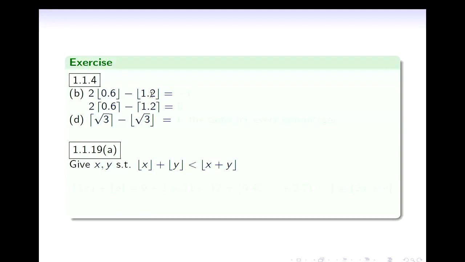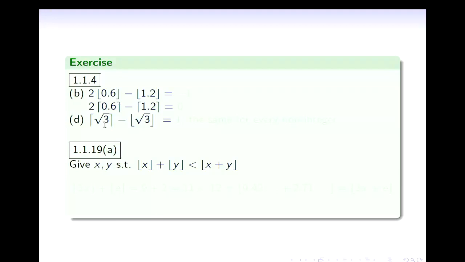And minus 1.2, the floor is minus 1. So 0 minus 1 is minus 1. And if we take the ceiling instead, what is the result? 0. Does everyone agree? Yes, it is 0 because it's 2 times 1 minus 2. 2 minus 2 equals 0.